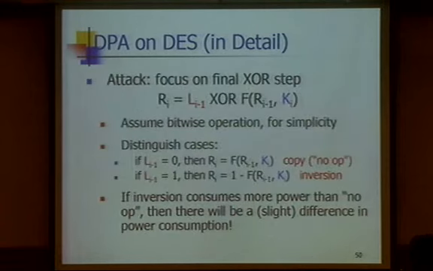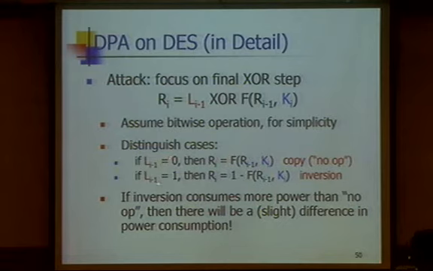This is an example of the intermediate result function D. In this case, this is the final XOR step of the Data Encryption Standard. Here, Ri is a function of Ri-1 and Ki. It is just copied to Ri when Li-1 is equal to 0.